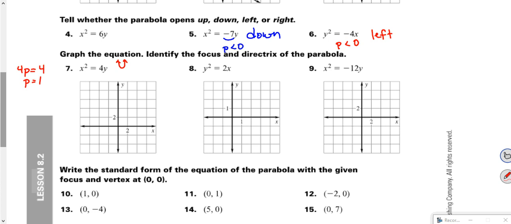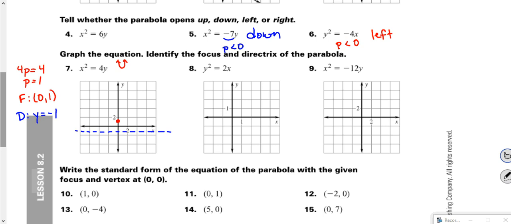So my focus is going to be (0, 1). My directrix is going to be a horizontal line, y equals negative 1.